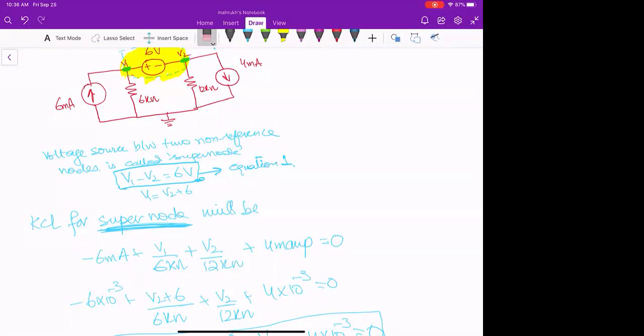Okay, so we consider it as the same node, but we did not make V1 the same as V2, right? We just write the whole equation depending upon that node. Okay. Is it clear?